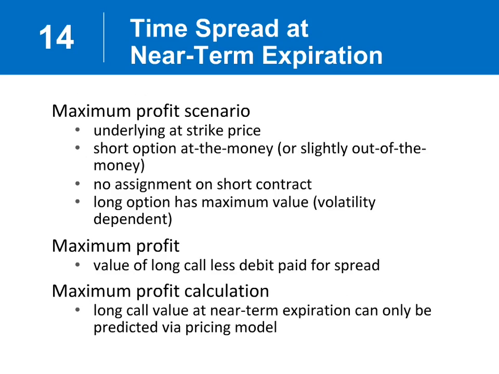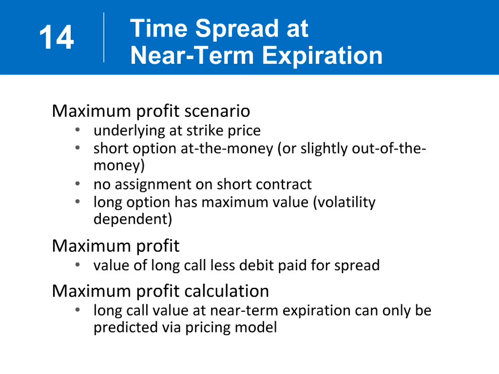Now, the maximum profit in terms of calculating it in advance, that's hard to do because you really can't be sure what the value of that long option is going to be. If we go back to one of the other broad categories of spreads, the vertical spreads, we know darn well as soon as we put them on what the maximum value can be.